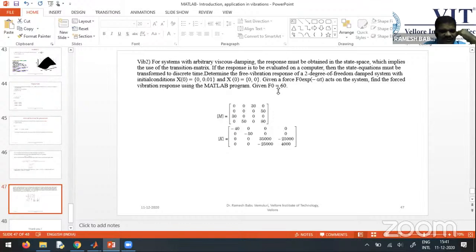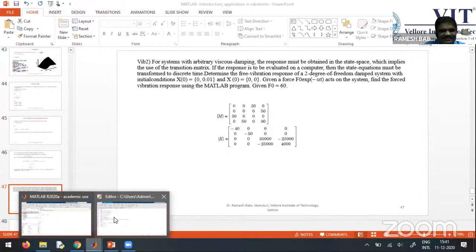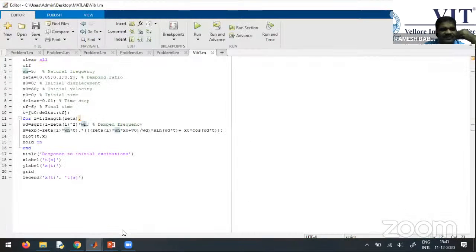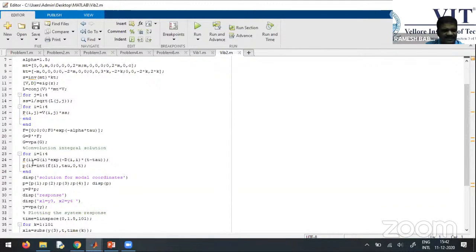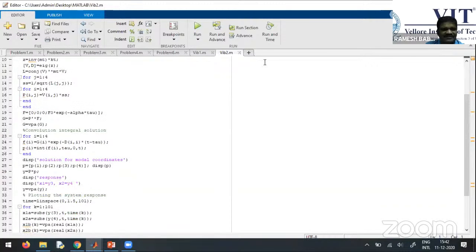So where F naught is equal to 60. So M is equal to 25, K is equal to this one. I have given the mass matrix, K matrix, Z inverse, eigen values and the eigen vectors, then j 1 to 4, then i 1 comma 4, 1 to 4, then forces F(t), responses.